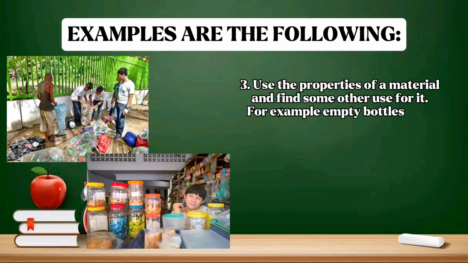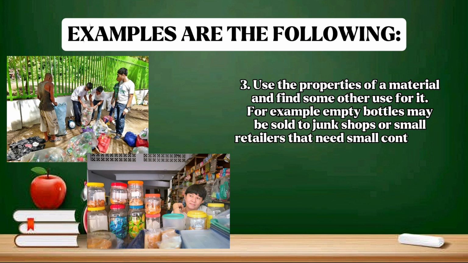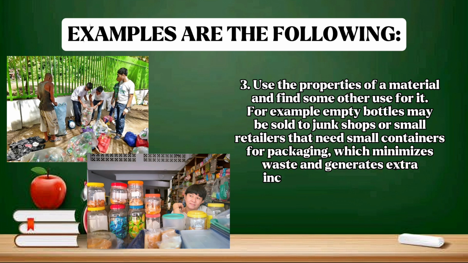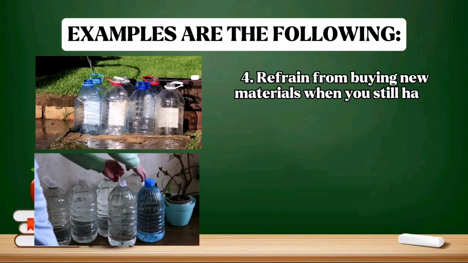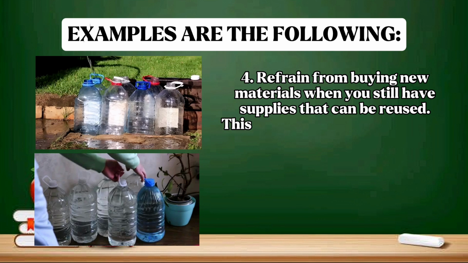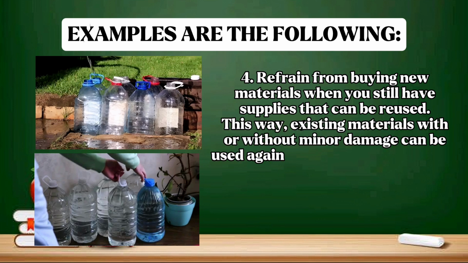For example, empty bottles may be sold to junk shops or small retailers that need small containers for packaging, which minimizes waste and generates extra income for the household. 4. Refrain from buying new materials when you still have supplies that can be reused. This way, existing materials with or without minor damage can be used again for the same or different purpose.